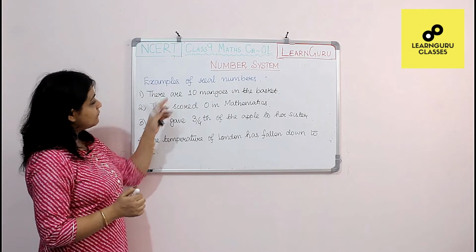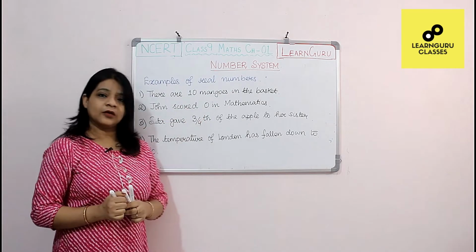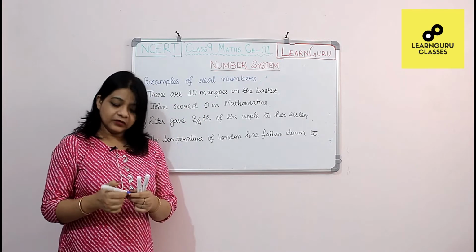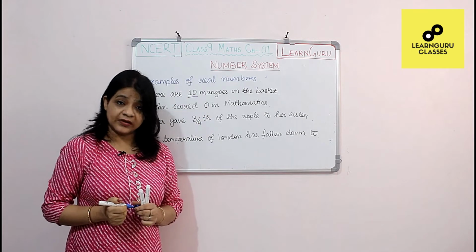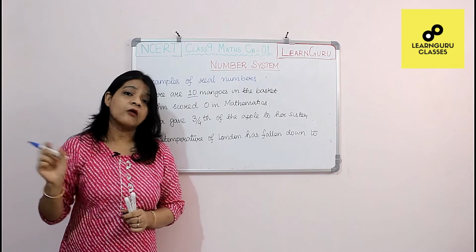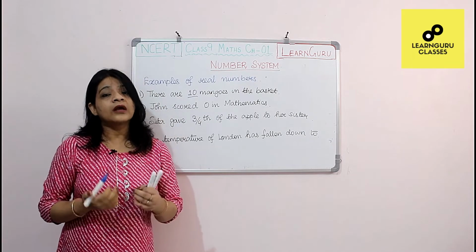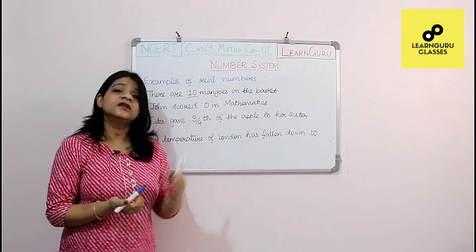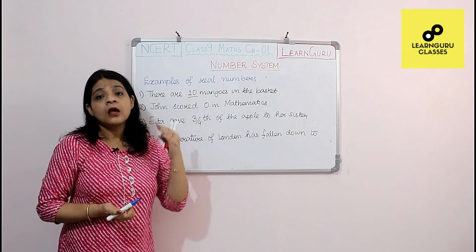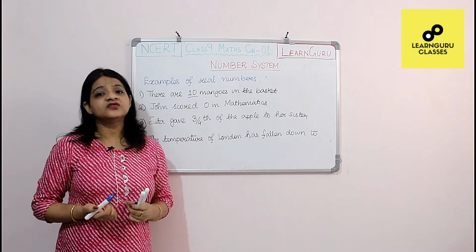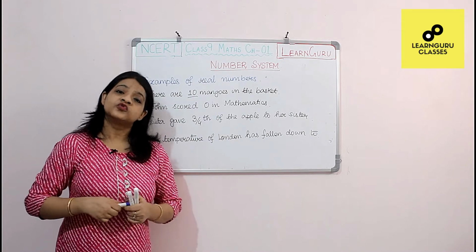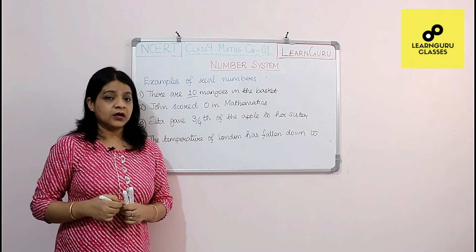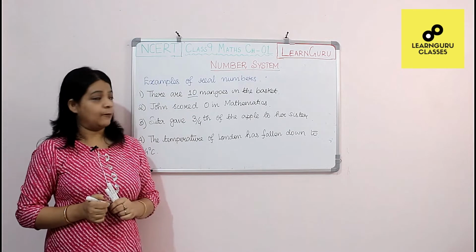So let us come to the first sentence. There are 10 mangoes in the basket. Definitely 10 represents a real number because you can count those mangoes. These numbers represent quantities related to the true world or actual world. So 10 is a real number.